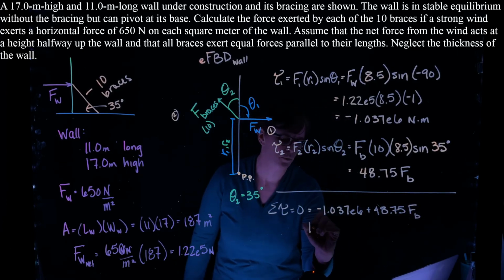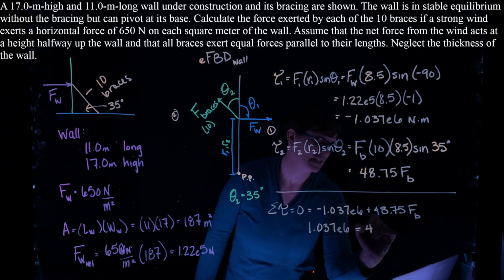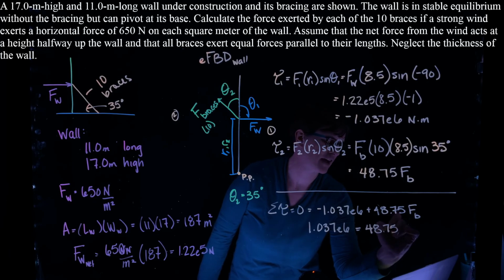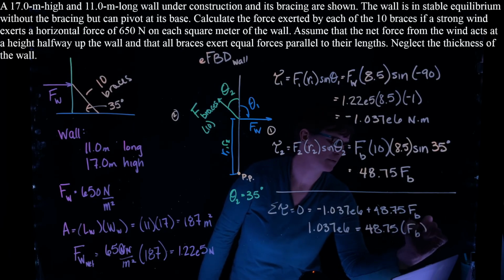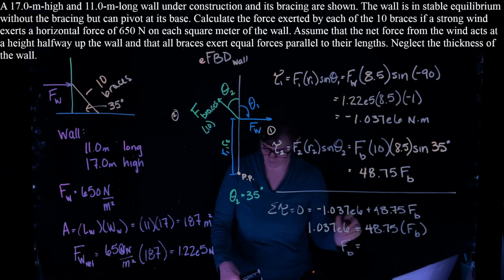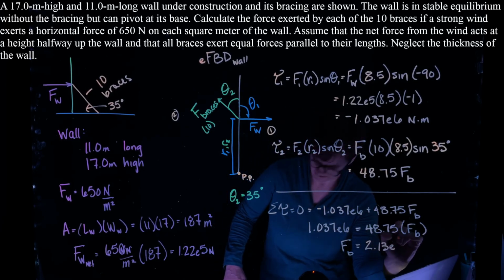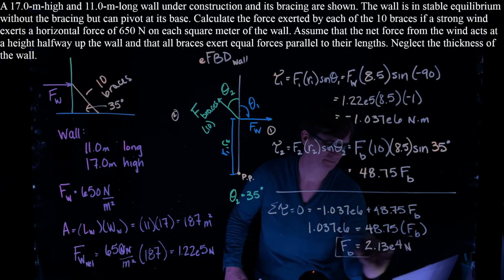We end up with 1.037 times 10 to the 6th is equal to 48.75 times the force of any one brace. And that allows us to solve for that brace force of 2.13 times 10 to the 4th newtons.